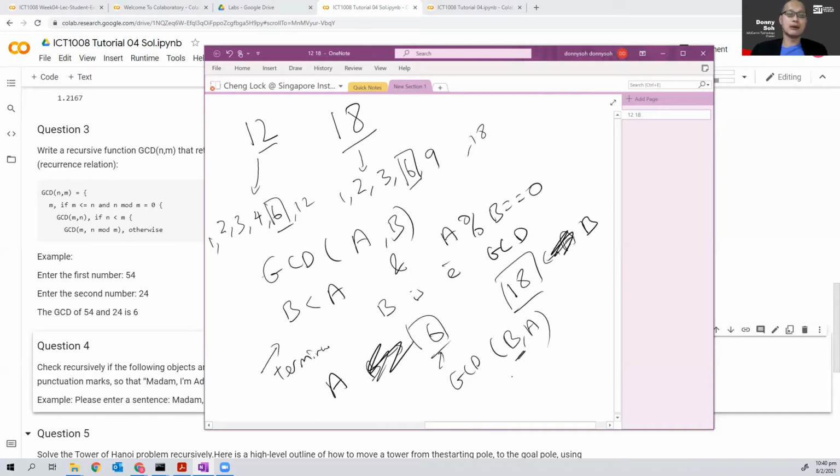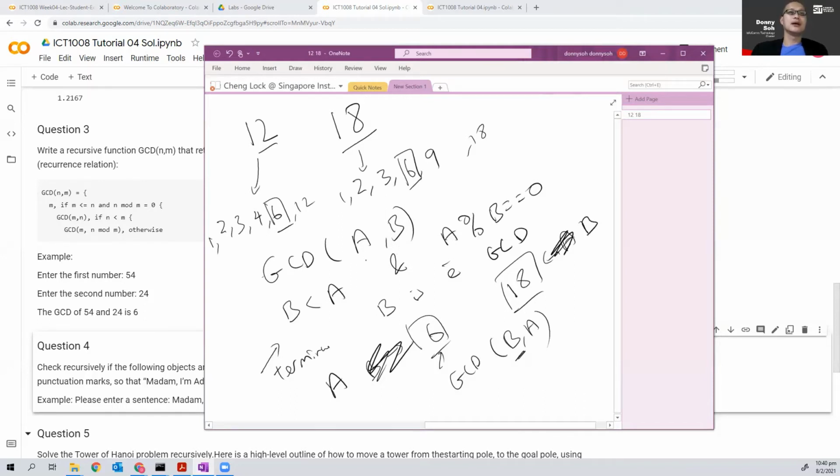So in the first part, if the smaller number is the second number and the bigger number is divisible by the second number, then the second number, the smaller number, is the GCD.